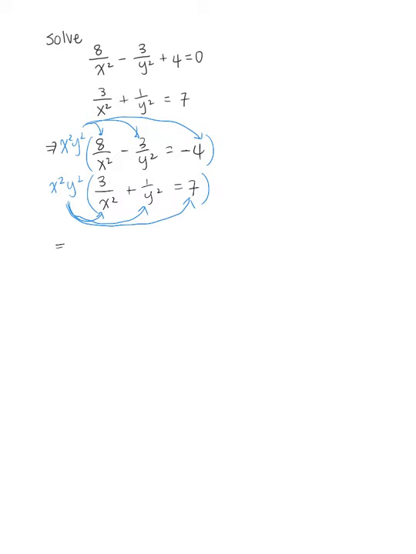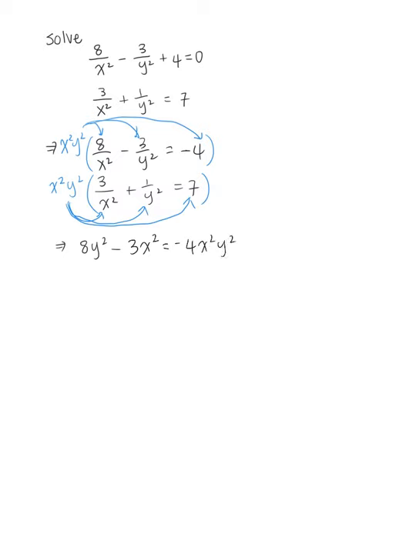So here, if I multiply x squared y squared by 8 over x squared, notice that x squared is going to cancel out. So what you're left with is just 8y squared. And then next one, if I distribute this, the y squared is going to cancel out. So what we have is 3x squared equals negative 4x squared y squared.